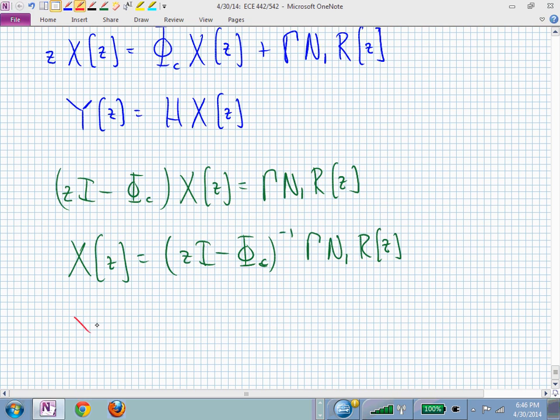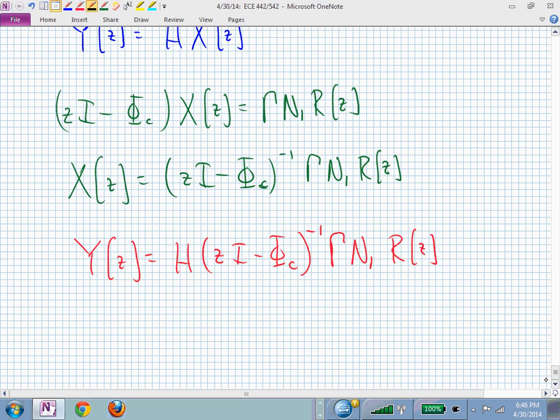My Y of Z is H times X of Z, but X of Z is Zi minus phi sub C inverse gamma N1 R of Z, and I now have my closed loop transfer function between the reference input R and the output Y. This I could call my T sub C of Z.